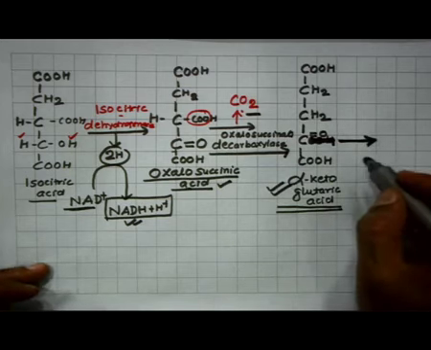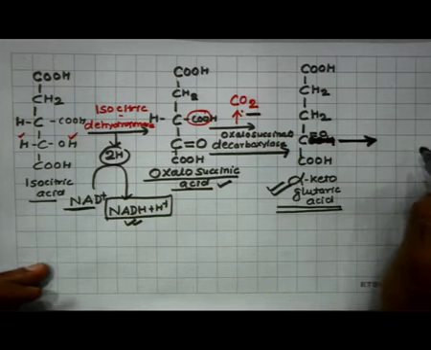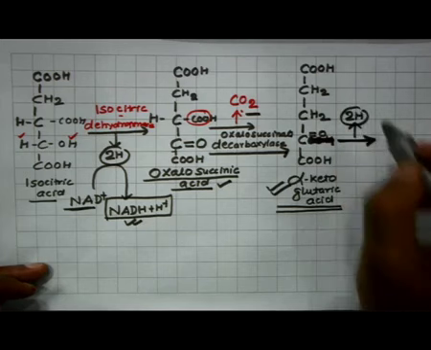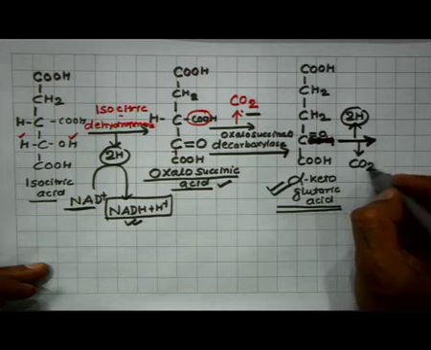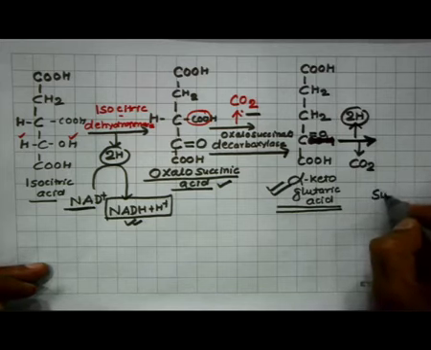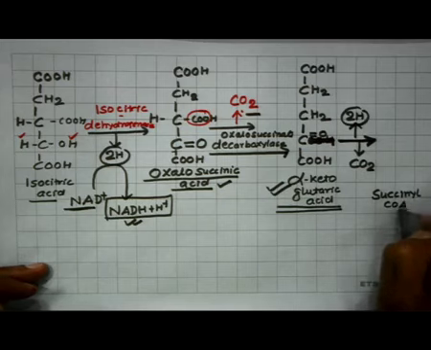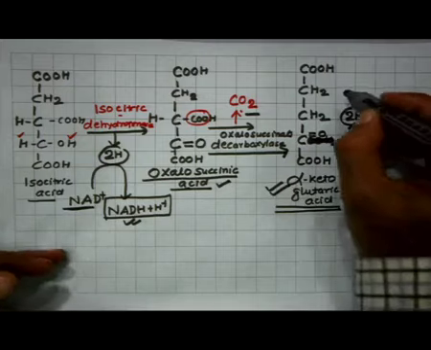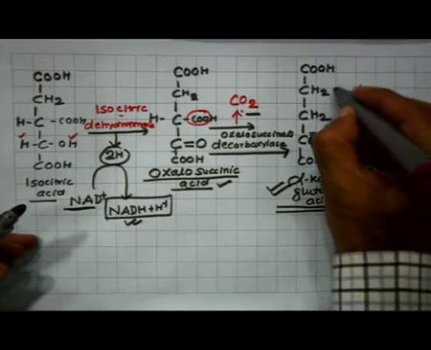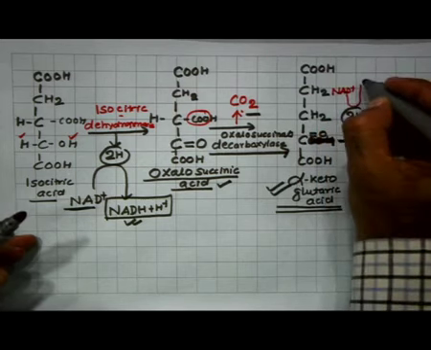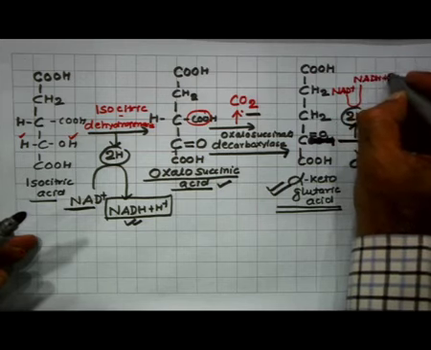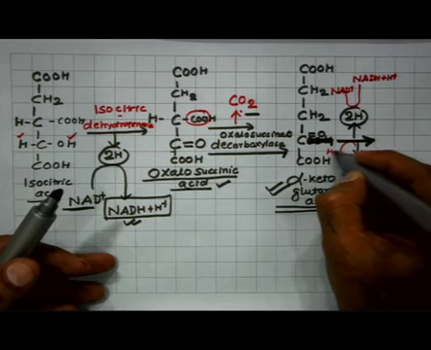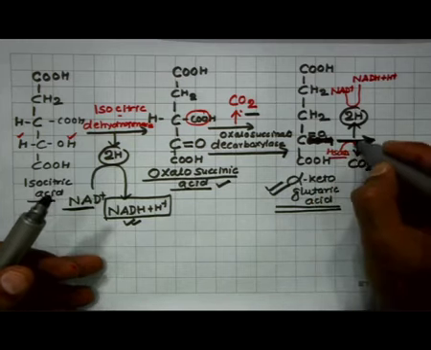In the next step, in this alpha ketoglutaric acid, first of all, 2 hydrogen are removed, and in that case carbon dioxide is also removed, and the product will be succinyl coenzyme A. This hydrogen is removed, and this hydrogen is accepted by NAD plus and is again converted into NADH plus H plus, and the product is succinyl coenzyme, and we are going to add HSCoA here as the precursor of succinyl coenzyme.